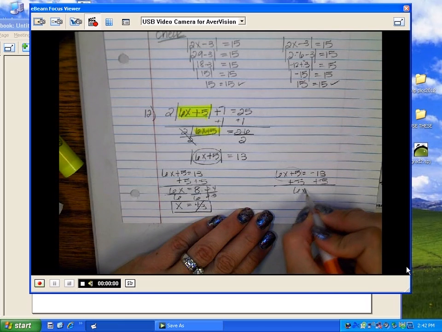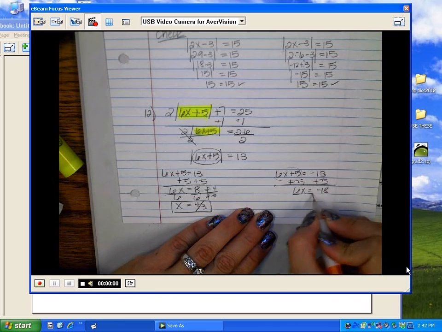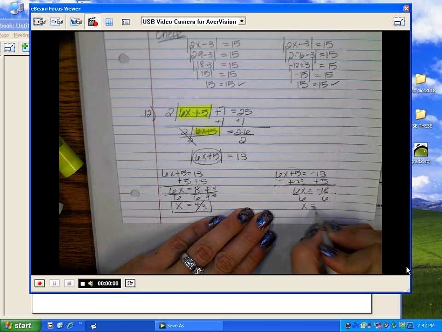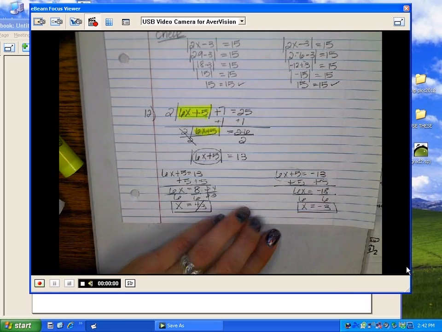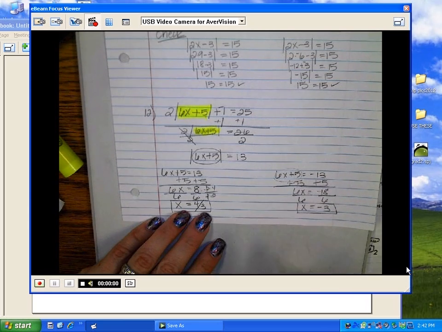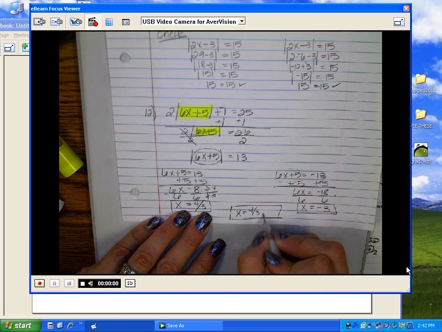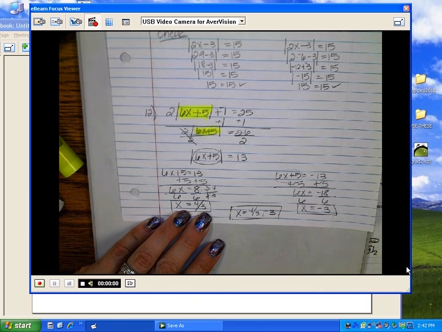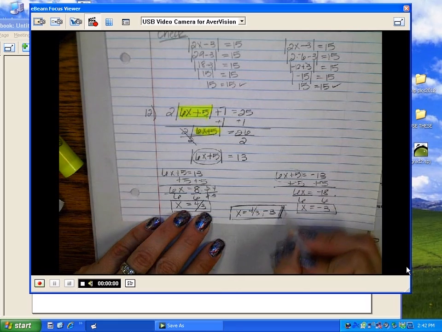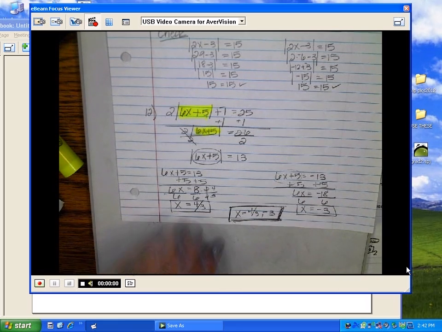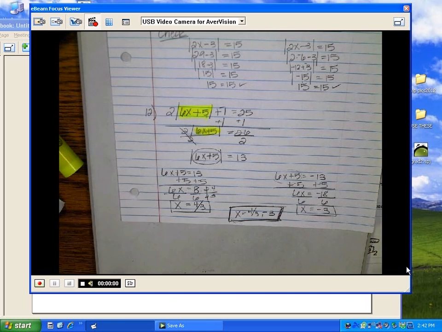And I get 6x equals negative 18. Divide by 6, x is equal to negative 3. And now I have my two answers. Okay, and remember again, we should really write them as x equals 4/3 and negative 3. Okay, and this should be my final answer, but I should really check them to make sure that I'm doing it correctly. Okay, that should help you for tonight.